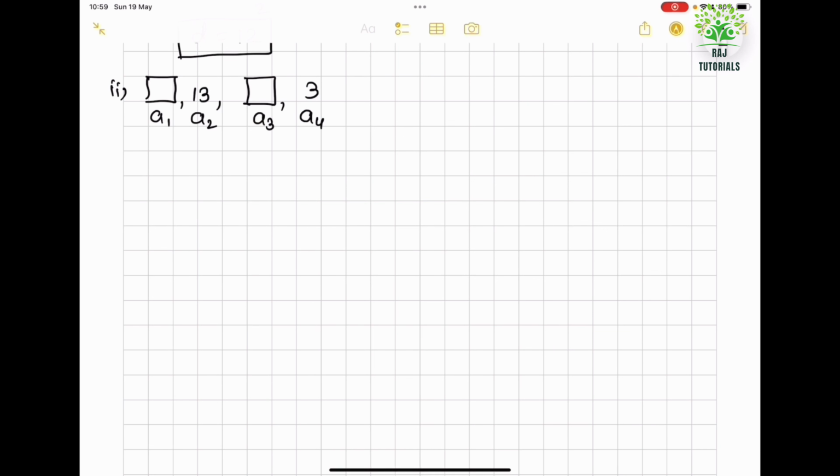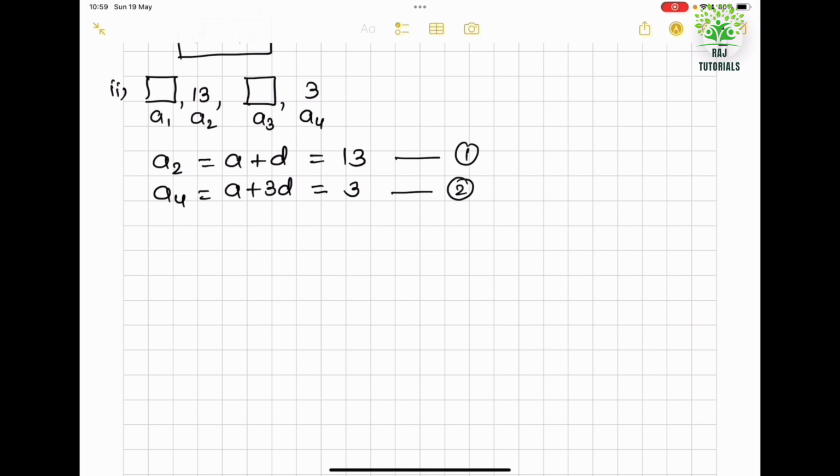So now see here what I know. a_2, that is a plus d, equals 13. a_4, that is a plus 3d, that is 3. So if I give them equations 1 and 2 and use the elimination method to solve them, can I say a plus d equals 13 and a plus 3d equals 3.